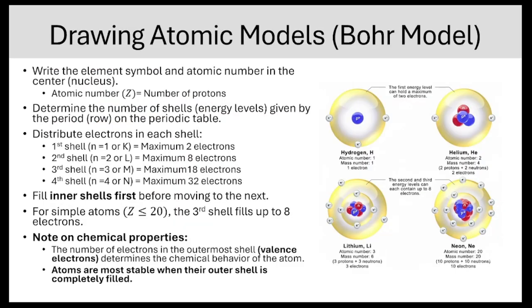Now, while we use the quantum mechanical model for a more accurate representation of atomic models, the Bohr model is still a very useful and simple way to visualize the arrangement of electrons within an atom, especially for atoms within the first 20 elements.